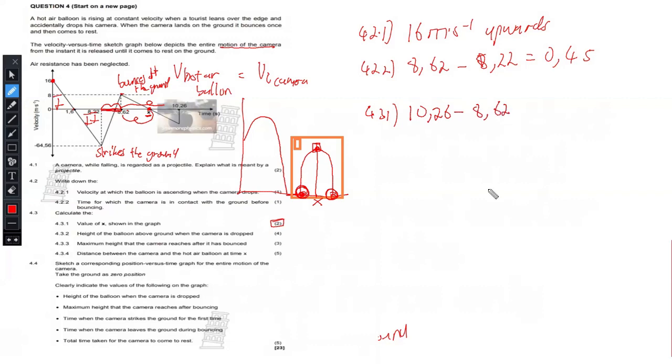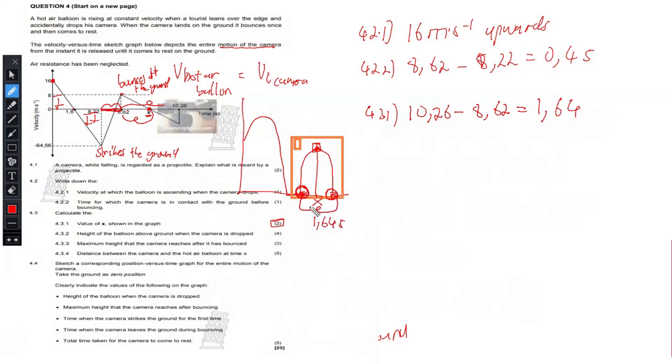So in your calculator, you will say 10.26 minus 8.62, and then you get 1.64. When you get 1.64 here, you must realize that this is the time from here to here. That's 1.64 seconds.